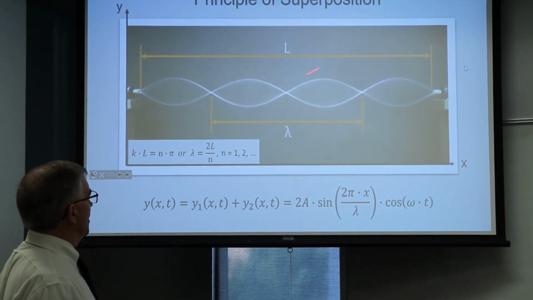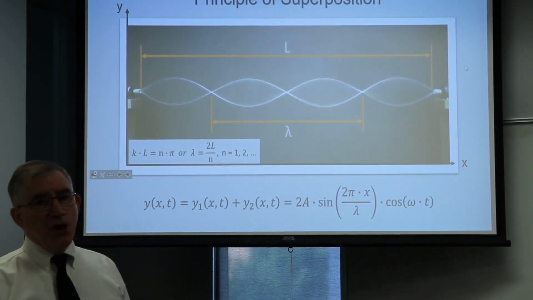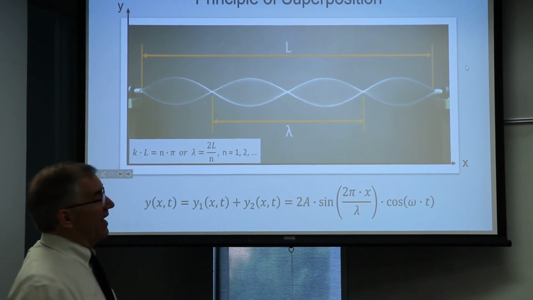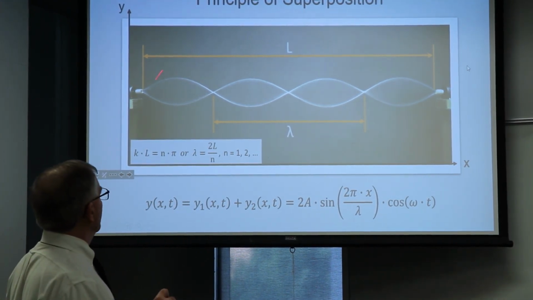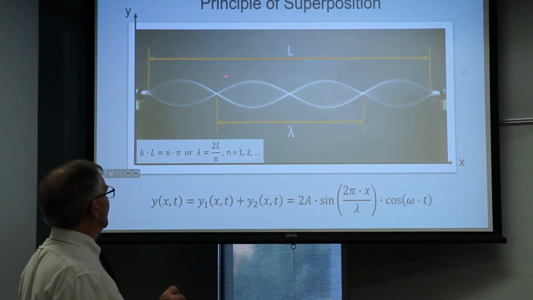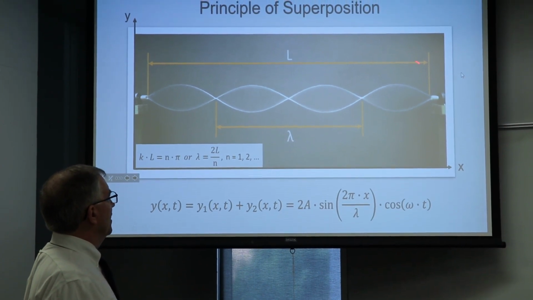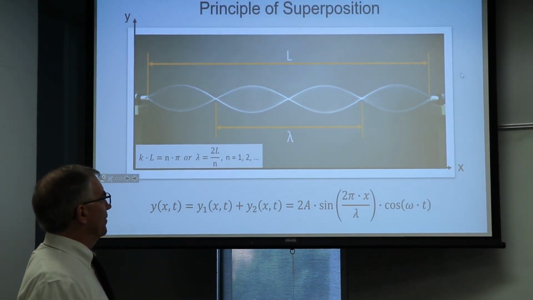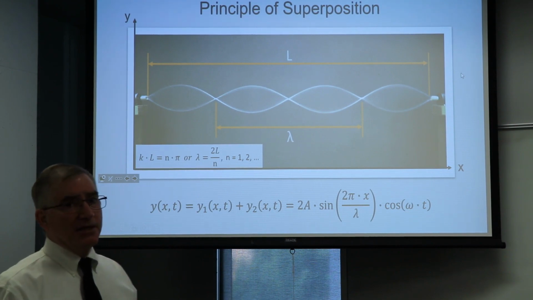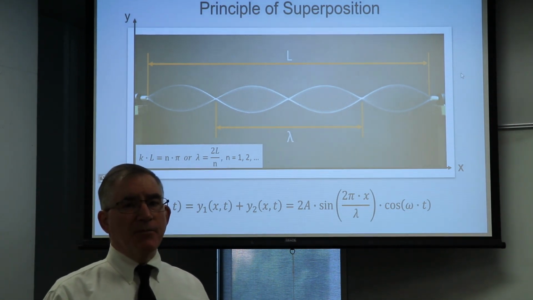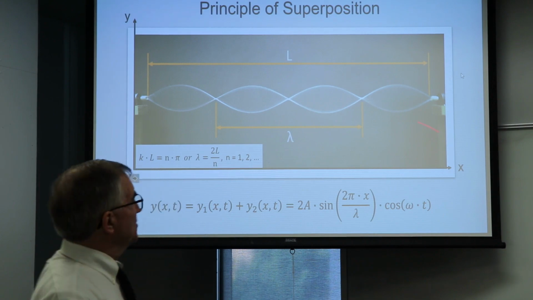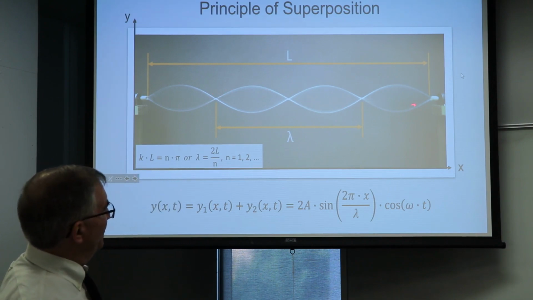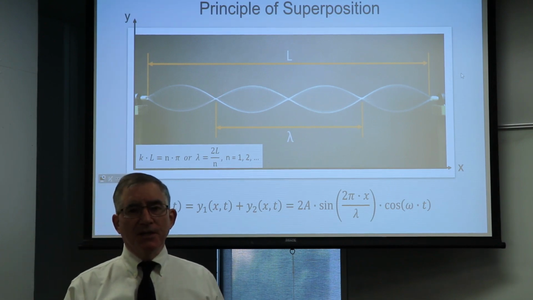Those are our nodes. And if you want to count the number of antinodes, just call this guy 0 right here. And so you can see we have 1, 2, 3, 4 nodes, and likewise 4 antinodes, because we're going to call that first one on the end 0. So every time you create a standing wave, you'll have so many wavelengths fitting into the distance L of the string, because L of the string never changes.